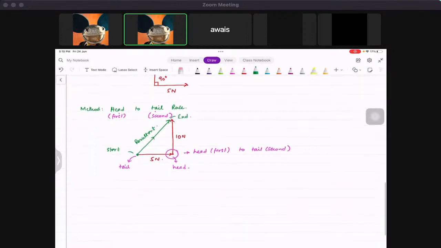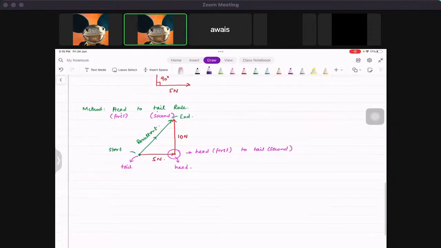The next thing you should do is use the Pythagoras theorem. The resultant squared equals vector one squared plus vector two squared, like this.